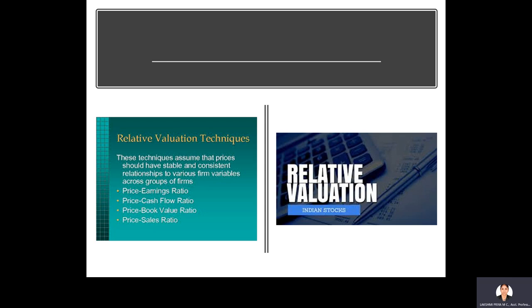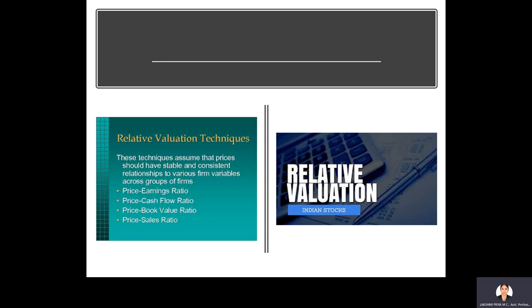Operational multiples. An operational multiple expresses the enterprise value in relation to a specific operational variable that is a key driver of revenue or cash flow. So some examples of operational multiples from different industries are: for an energy-related industry, the operational multiple is EV to kilowatts per hour production capacity.